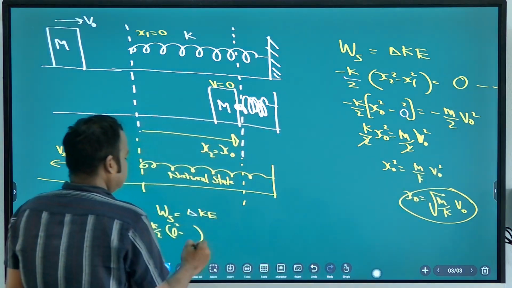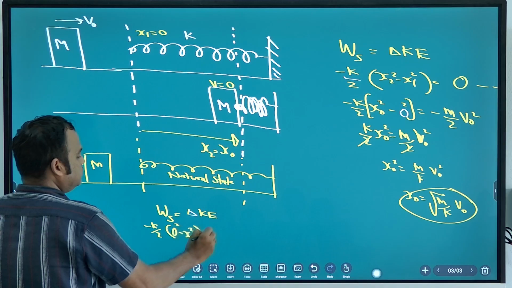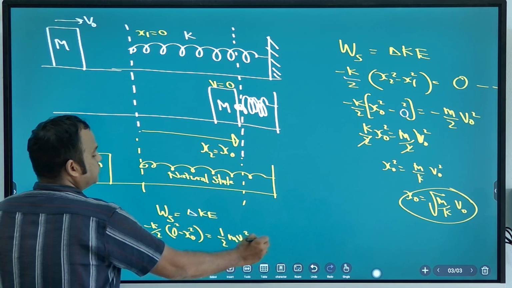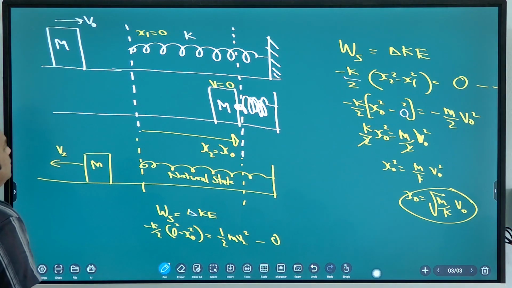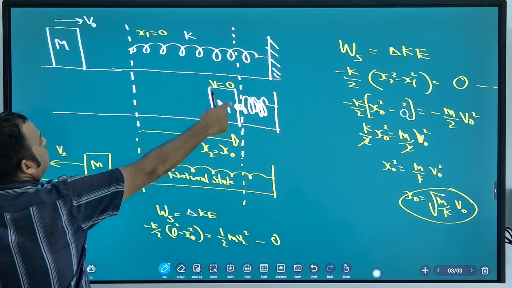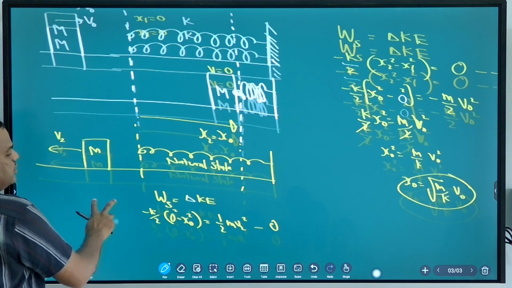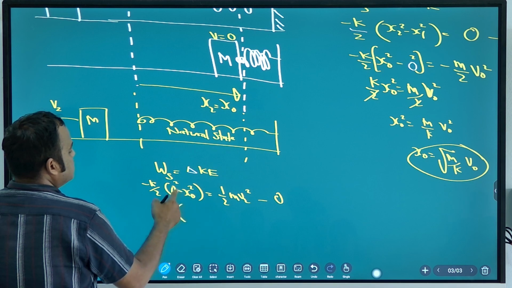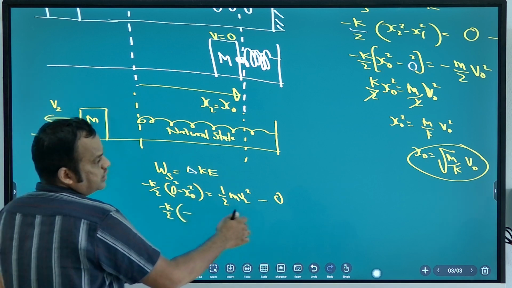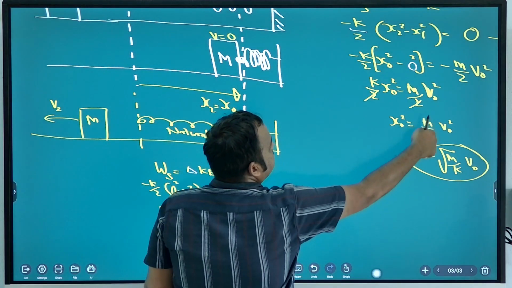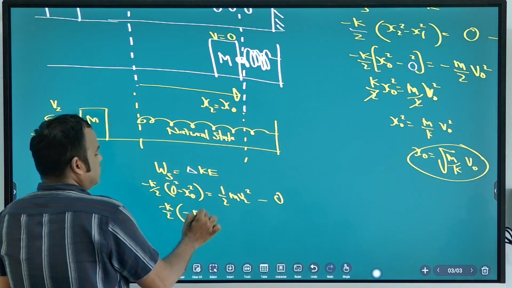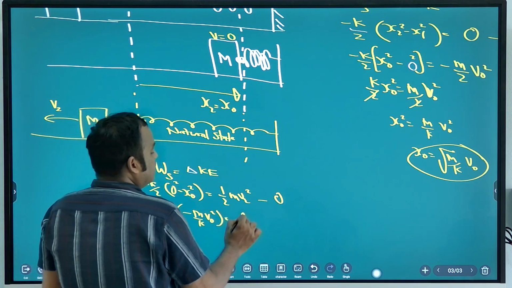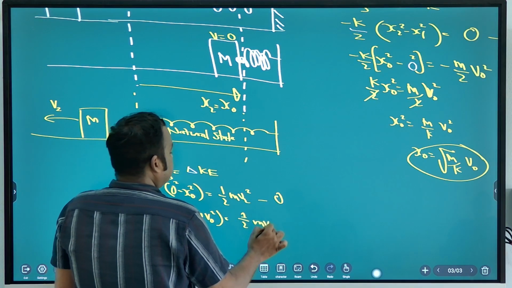Final kinetic energy is half m v2 square. Initial kinetic energy is 0. So now, minus k by 2 into minus x naught square. So x naught square is this, m by k v naught square. m by k v naught square is equal to half m v2 square.